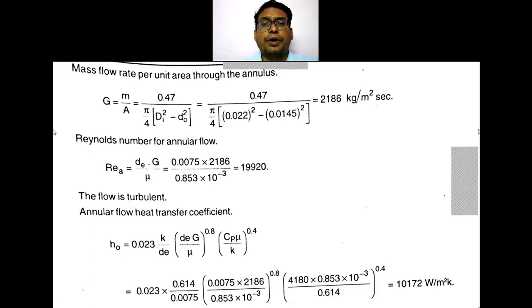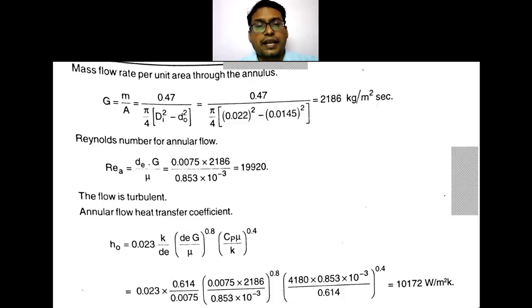Then the mass flow rate per unit area through the annulus. In this case, the area calculation is of more concern, that is pi by 4 (di square minus do square), and the mass flow rate for the water. So your mass flow rate per unit area becomes 2186 kg per meter square second.